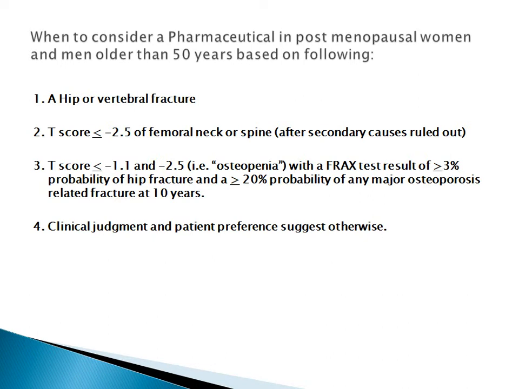But lastly, regardless of 1, 2, and 3, clinical judgment and patient preference should always be considered and may suggest that a drug be used, even though they may not meet these criteria of 1, 2, and 3.